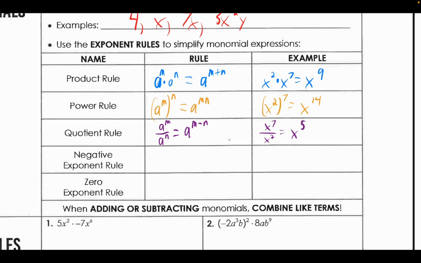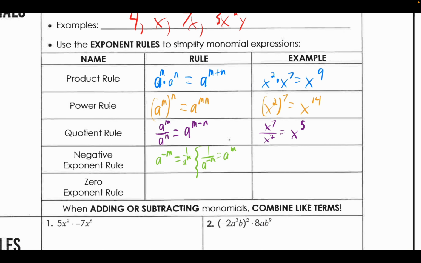Negative exponent rule. Any negative exponent just tells us that the base needs to be reciprocated. So a to the power of negative m equals 1 over a to the m. Additionally, if I had 1 over a to the power of negative m, it's on the bottom of the fraction, then that reciprocates as well to the top.